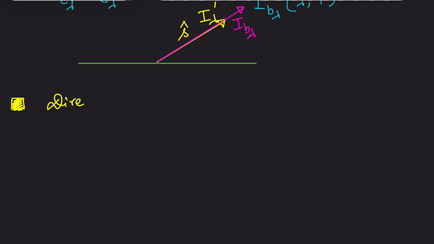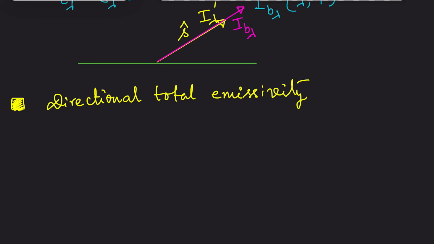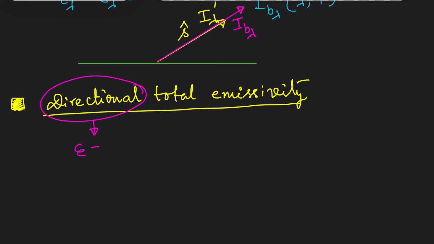Now we will learn something called directional total emissivity. The moment you see directional, you know that emissivity is a function of theta comma psi.